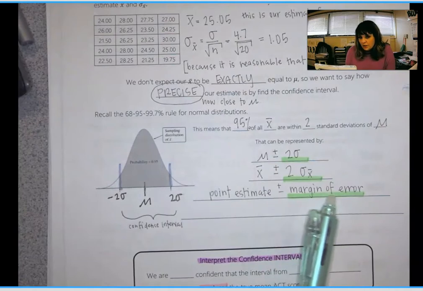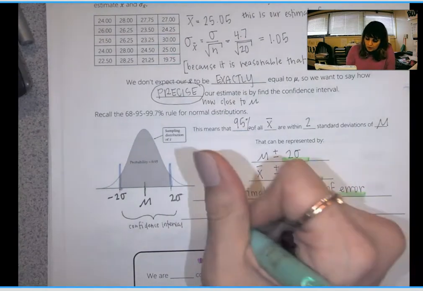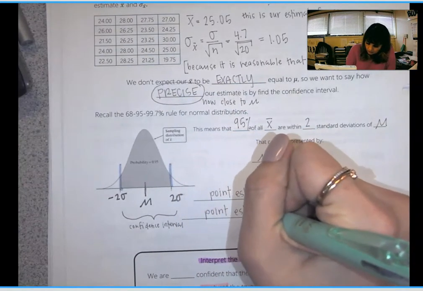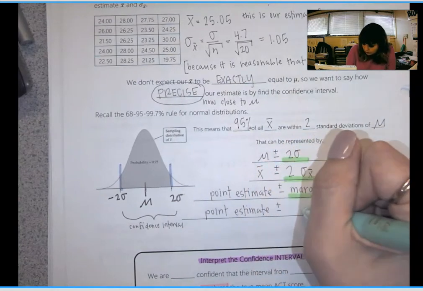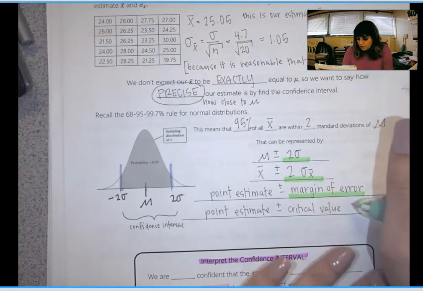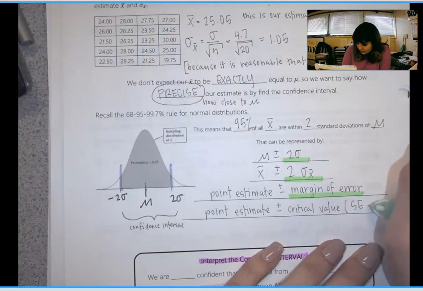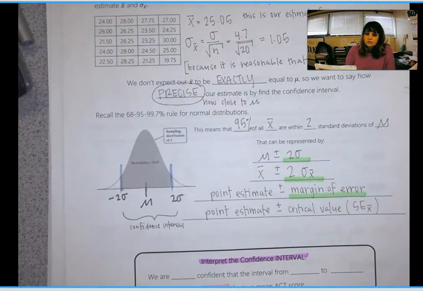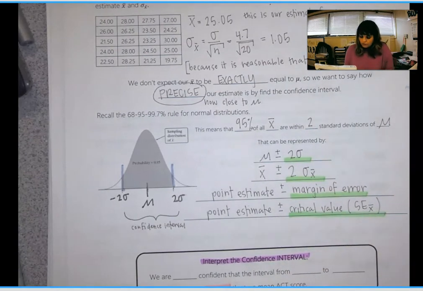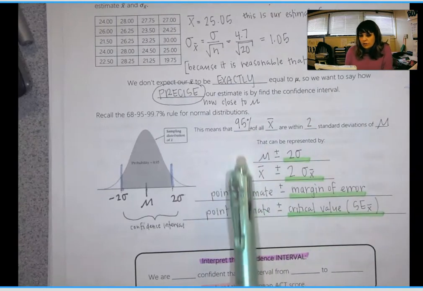Okay, well, let's break that margin of error down even further into what we know it to be. So this is our point estimate plus or minus our critical value multiplied by our standard error of x bar. So this now means that our critical value is 2. For this example, our critical value is 2.